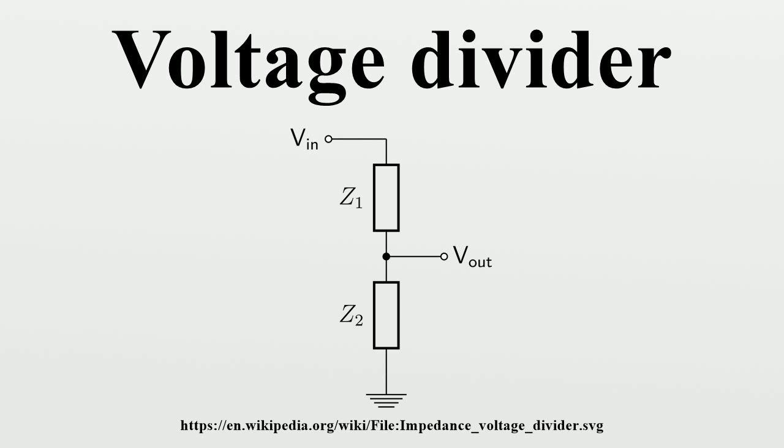Low-pass RC filter. Consider a divider consisting of a resistor and capacitor as shown in Figure 3. Comparing with the general case, we see Z1 equals R and Z2 is the impedance of the capacitor, given by Xc, where Xc is the reactance of the capacitor, C is the capacitance of the capacitor, j is the imaginary unit, and omega is the radian frequency of the input voltage. This divider will then have the voltage ratio shown.